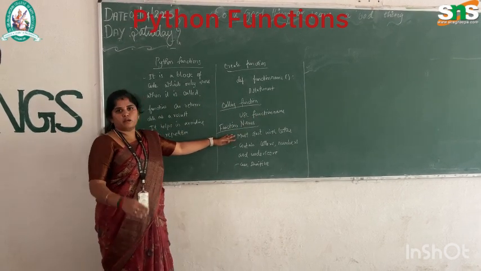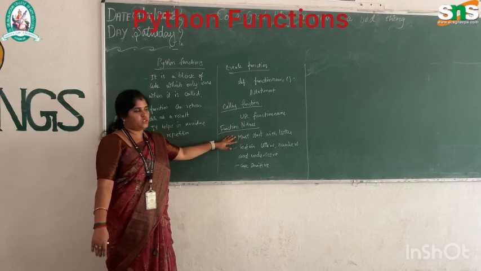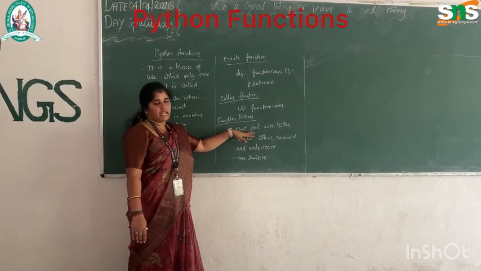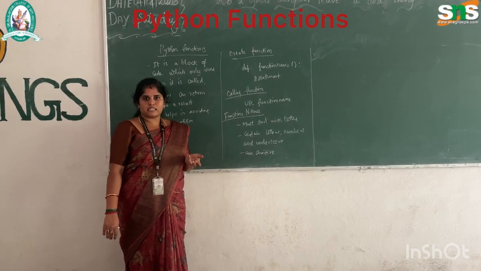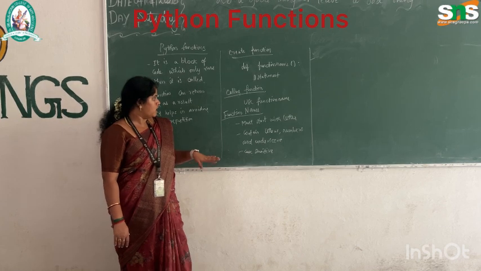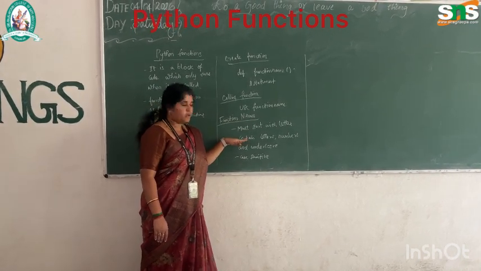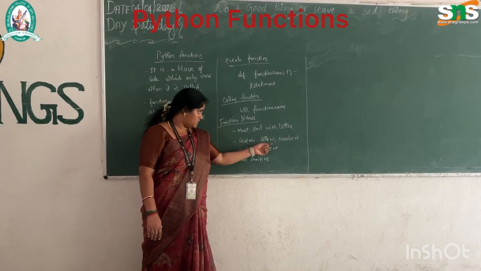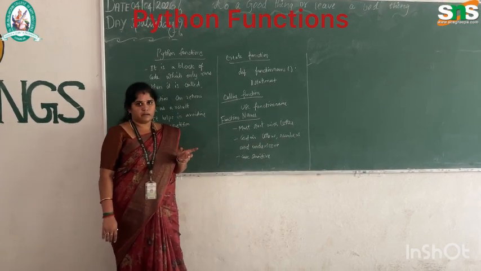In the previous part I mentioned the rules for creating a function name. Always the function name must start with a letter, and we all know it can be uppercase or lowercase, whatever we want. Second, it can contain letters, numbers and underscore, but it does not start with a number.